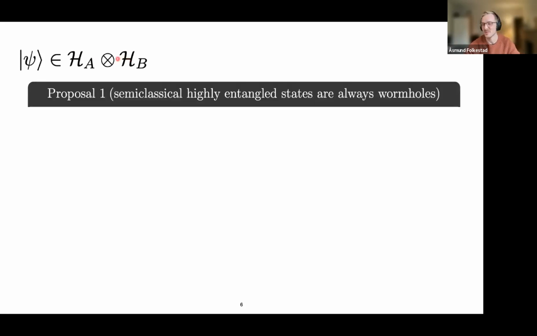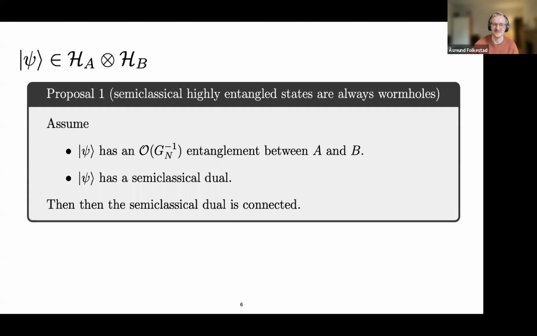The slogan for this proposal is that semi-classical, highly entangled states are always wormholes. So consider this proposal. Assume that the state psi has an order 1/G_Newton amount of entanglement between A and B, and that it also has a semi-classical dual. Then the semi-classical dual is connected.